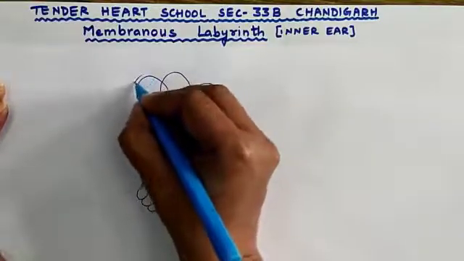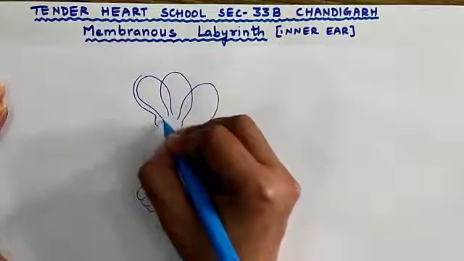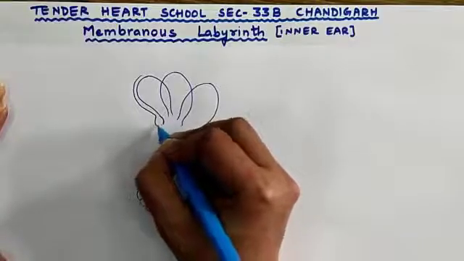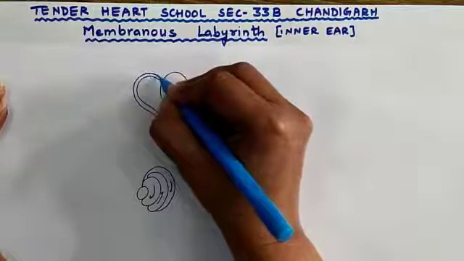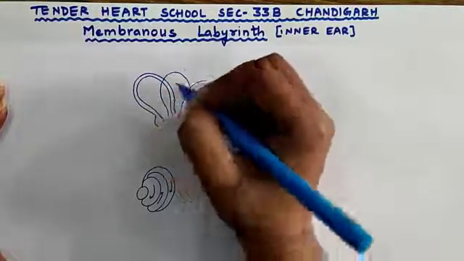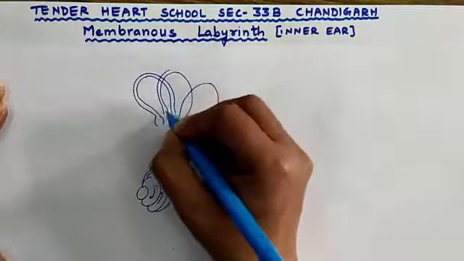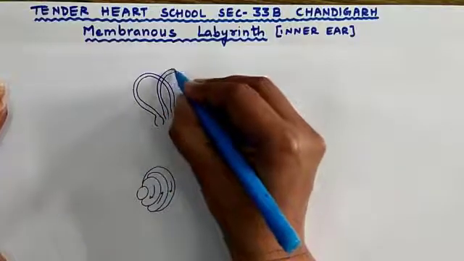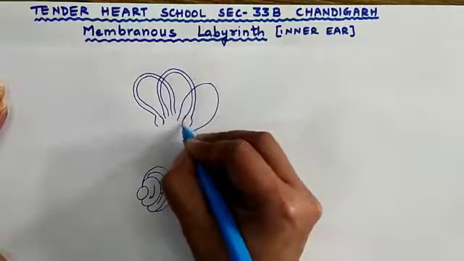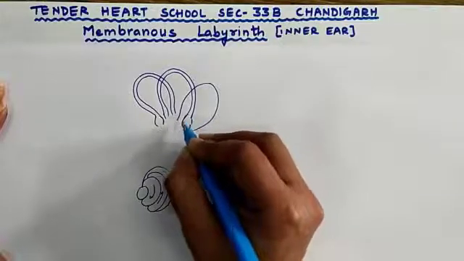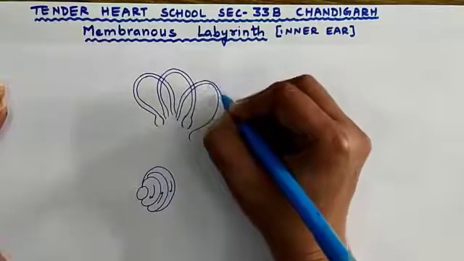And now, one of the bases of each of these semicircular canals is widened and expanded, forming the ampulla. So let us just make these three semicircular canals, and one end of each of these semicircular canals is swollen, which is forming its ampulla.